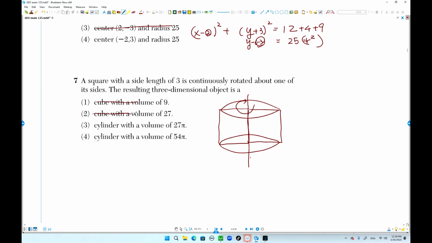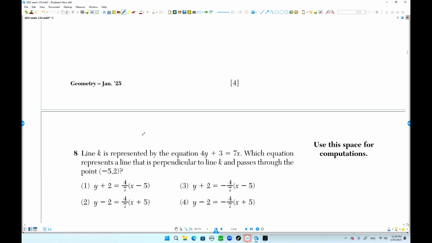We have two choices, 3 and 4. Which one has the correct volume of this cylinder? The radius is 3, right? So what is the area? This is pi r squared, and times the height, which is still 3. So this is going to be 27 pi. Okay. Option C is the answer.